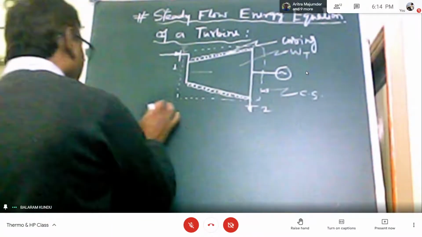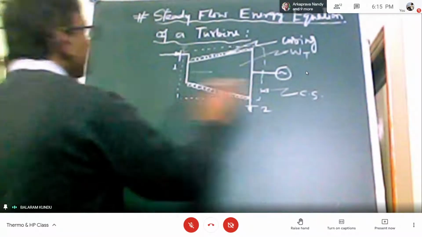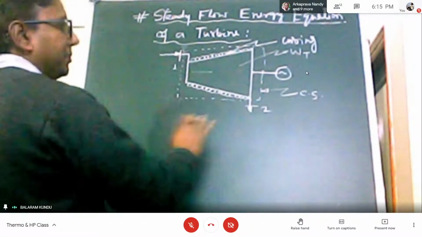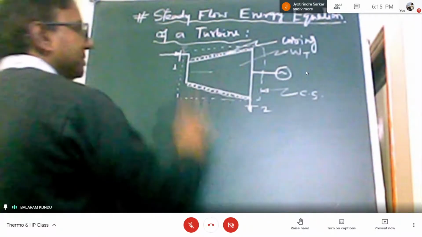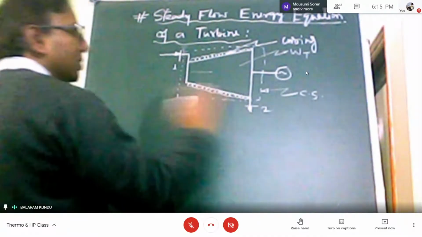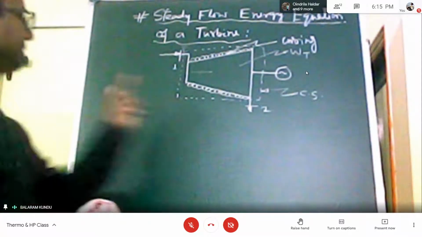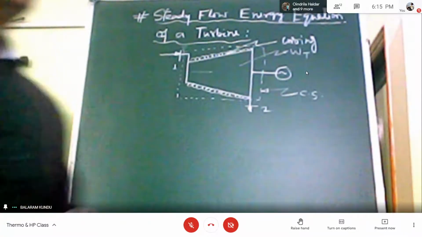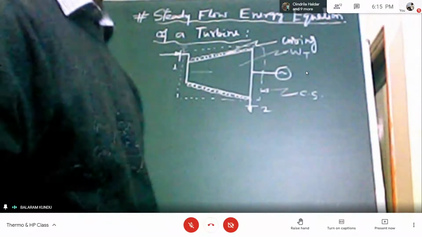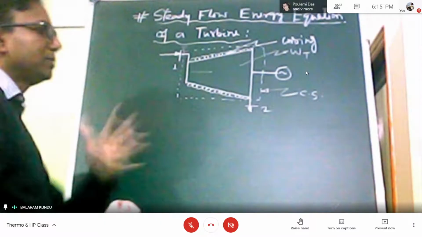Therefore from the first law of thermodynamics, for energy entering, steam is flowing, so obviously steam energy is there: internal energy, flow energy, every energy should be considered here. But for the analysis of a turbine, we generally neglect the kinetic and potential energy, since they are very small compared to other energy.